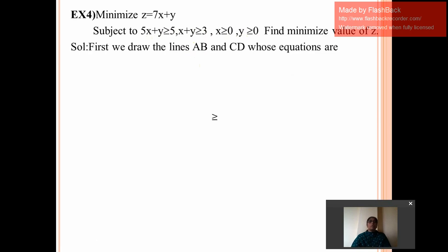In this example, there are two lines. The first line 5x plus y greater than or equal to 5, and the second also greater than or equal to. These two lines are written as 5x plus y is equal to 5 and x plus y is equal to 3.